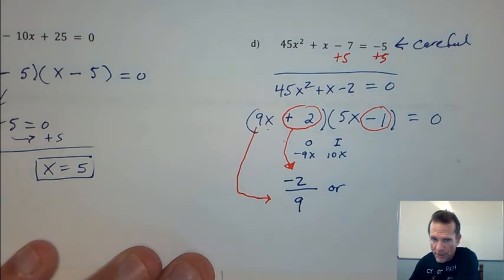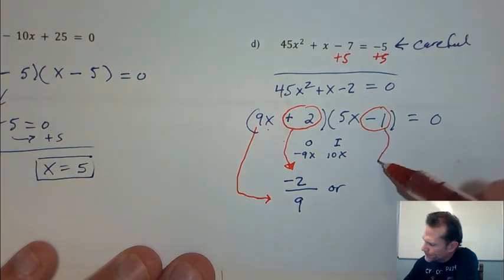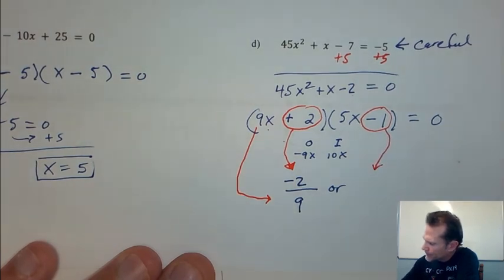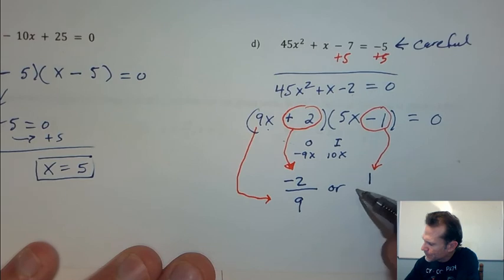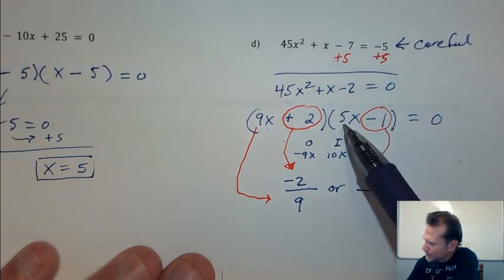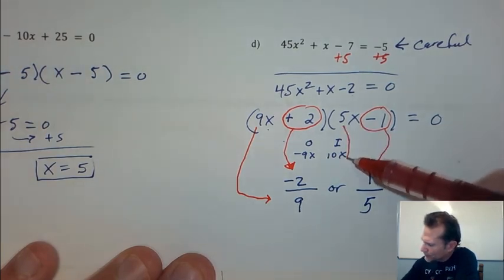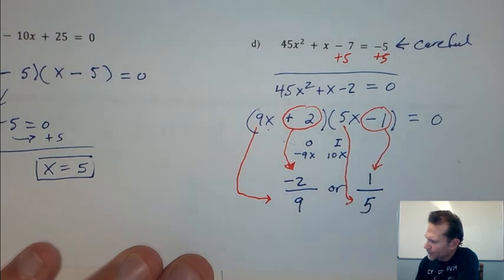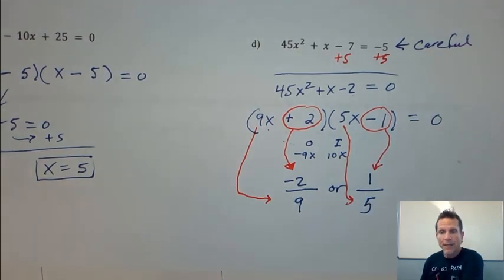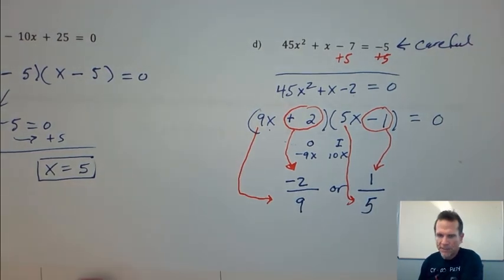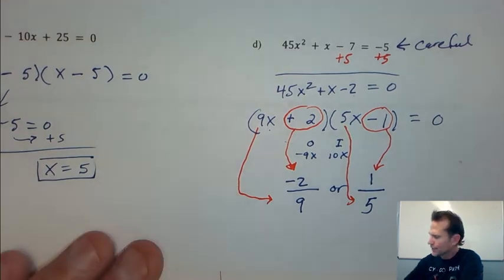And remember, this all comes out of the solving that we've seen in the previous problem. So change the sign on that. So that's going to be positive 1 over 5. Remember, we don't change the sign on the coefficient that's in front of the x term. Okay, it's just the denominator of our fraction. Okay, but like I always say, set each piece equal to 0 and solve if you don't understand the shortcut.